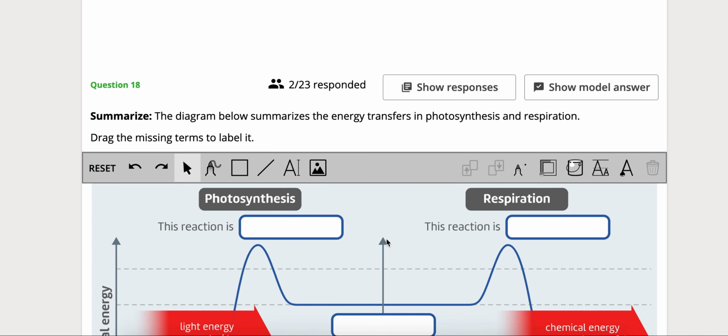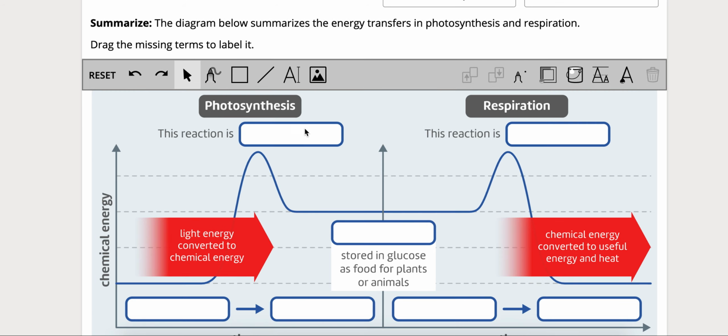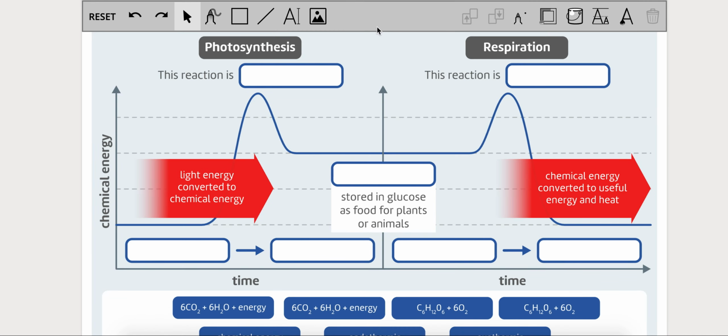With question 18, you are supplied with a diagram. So the diagram below summarizes the energy transfers in photosynthesis and respiration. Drag the missing terms to label it. So here, if we were to essentially split this right down the middle, what we could see is we have an endothermic reaction on the left-hand side, because we should now be aware that a photosynthesis reaction is an endothermic reaction.